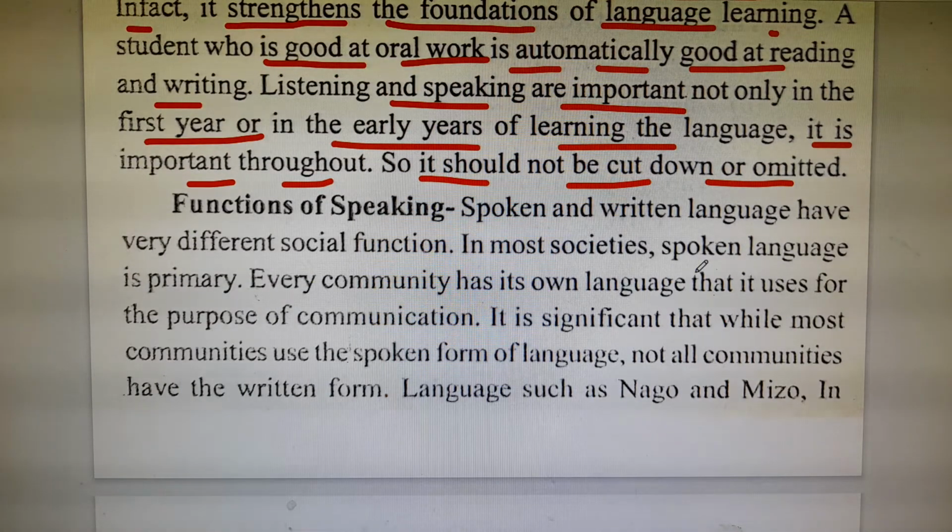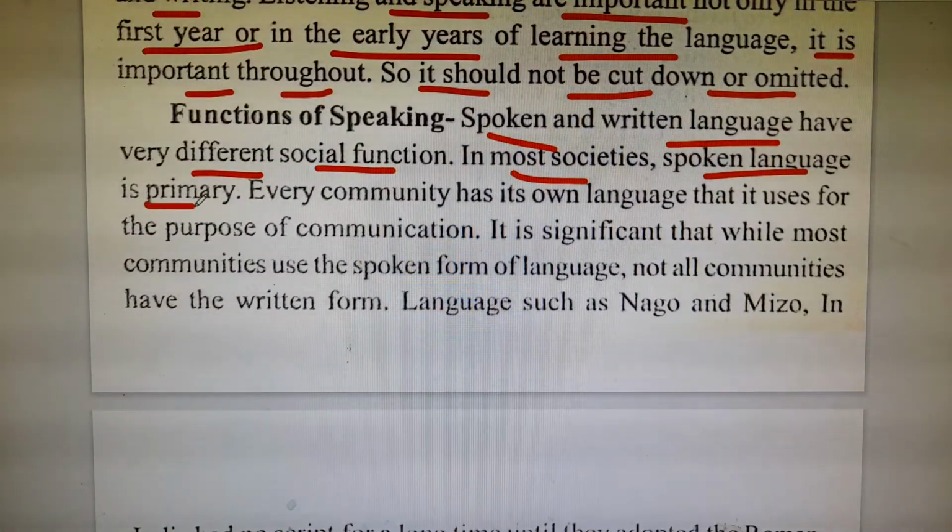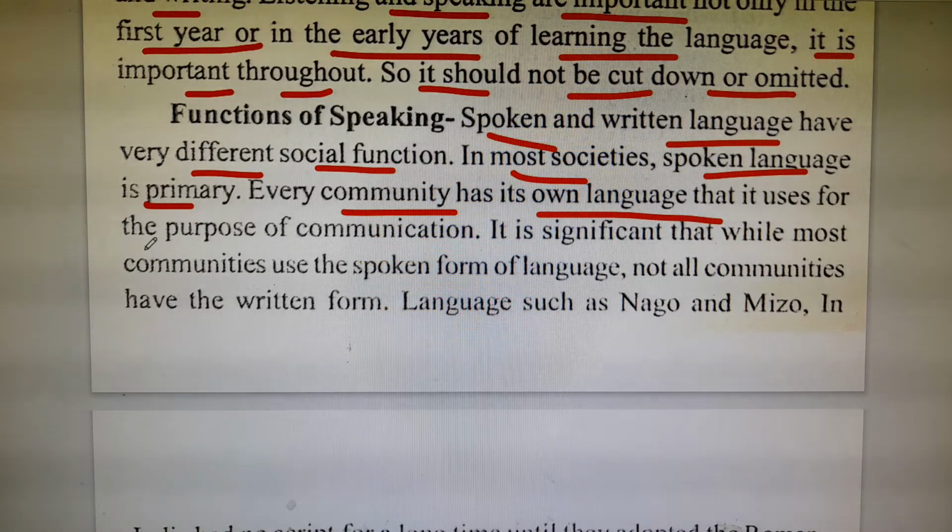Functions of speaking. Spoken and written language have very different social functions. In most societies, spoken language is primary. Every community has its own language that it uses for the purpose of communication.